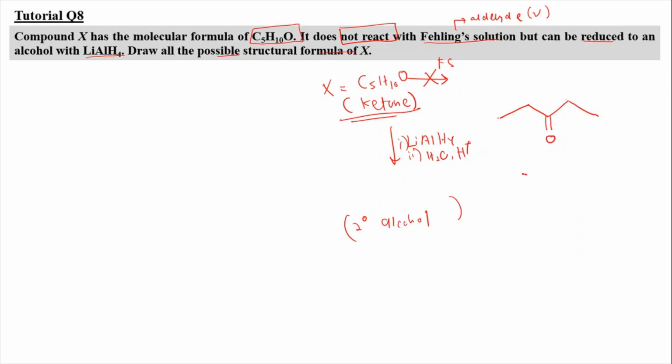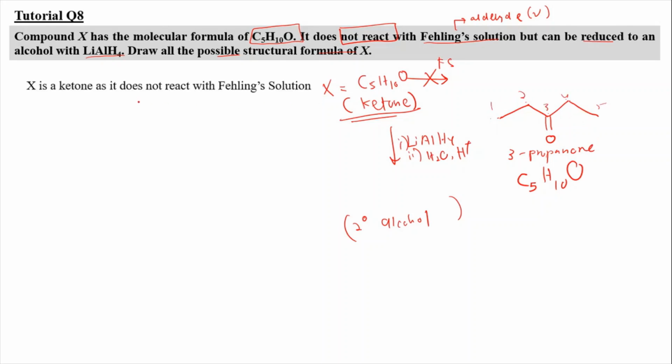Okay, so if I were to count the carbon, I'm going to have C5, 1 2 3 4 5, 3 hydrogen, 2 hydrogen, 2 hydrogen, so 3, 2, 5 plus 2 is 7, and then plus 3, so 10, and oxygen got 1, so it is consistent. So maybe my first isomer is going to be 3-pentanone. Okay, 1 2 3 4 5.